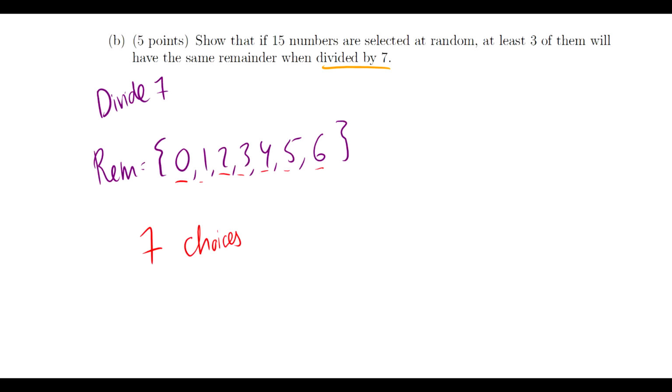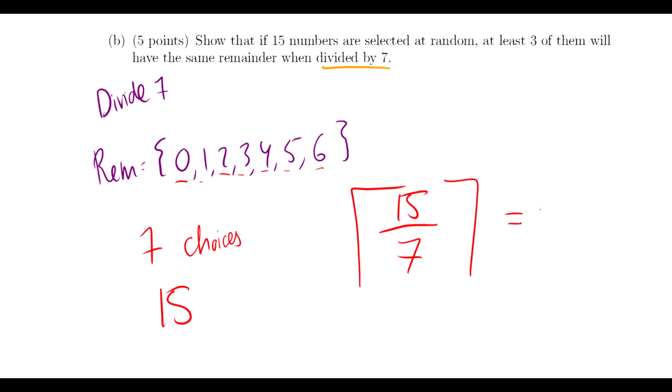So if we put 15 numbers in there, we can put 7 into 0, 1, 2, 3, 4, 5, 6. We could put another 7 into 0, 1, 2, 3, 4, 5, 6. And then that 15th object is going to have to go in either 0, 1, 2, 3, 4, 5, or 6. So by the pigeonhole principle, it is the ceiling of 15 over 7, which is equal to 3.